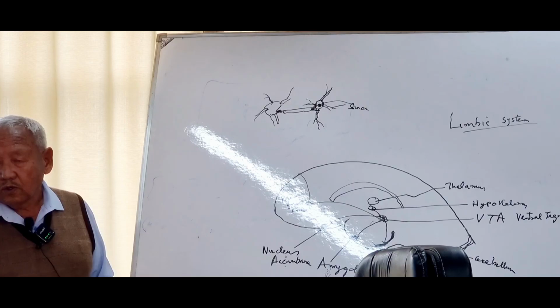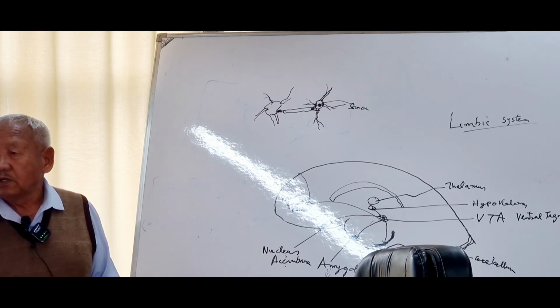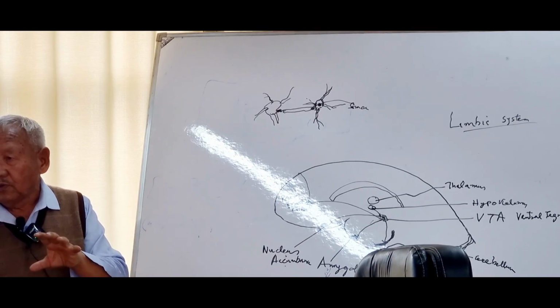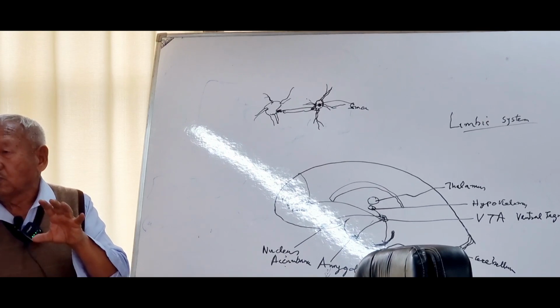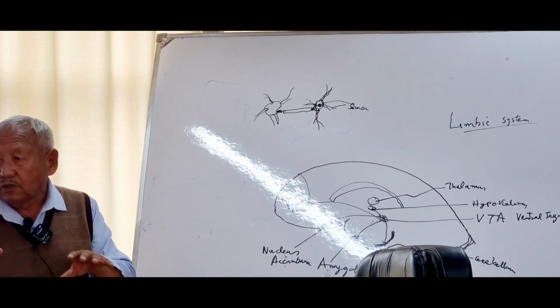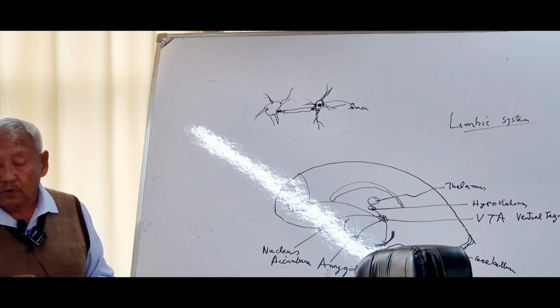If you look at the science books of 9th class, 10th class, you will know all this about the neurotransmitter. You will know about what is action potential, what is synapse, and how these neurotransmitters are formed.